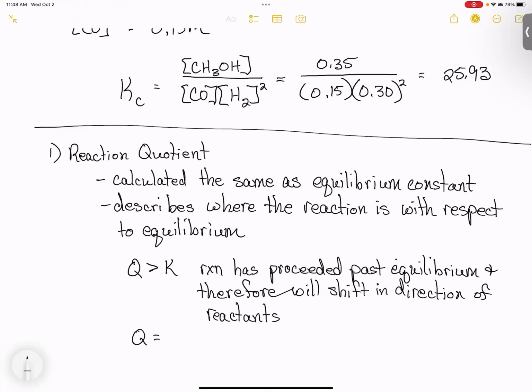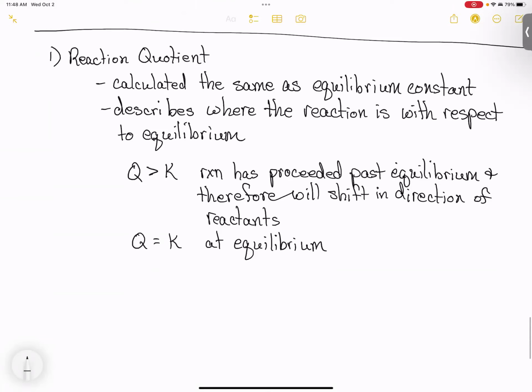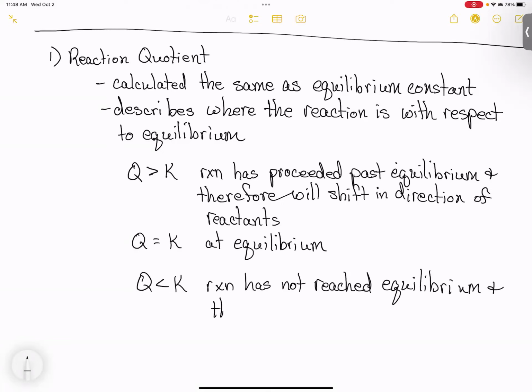If Q equals K, then it is at equilibrium and it will not shift. But if Q is less than K, it means that the reaction has not reached equilibrium, and therefore will shift towards the products.